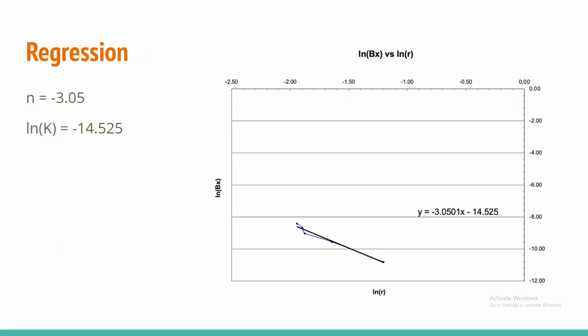And here's the actual graph I got, and because it's a logarithmic value, it's a linear line, and my n was equal to -3.05, which is pretty close to -3, which was essentially the correct value.